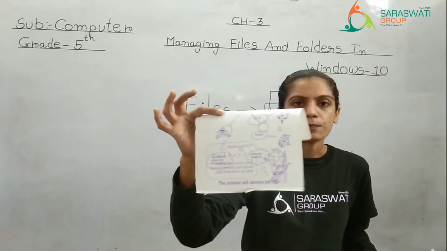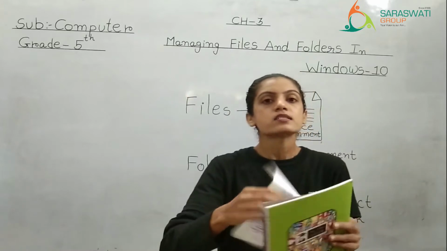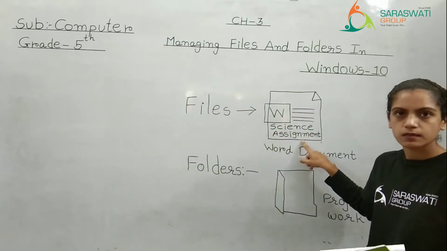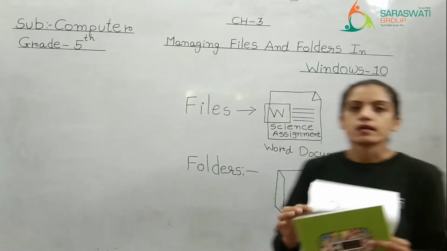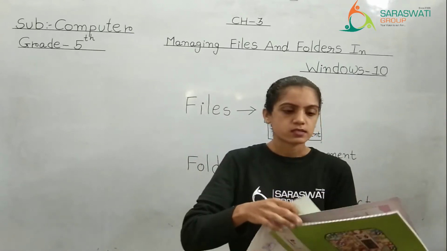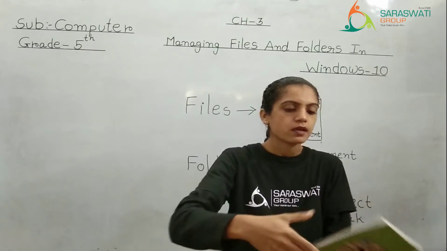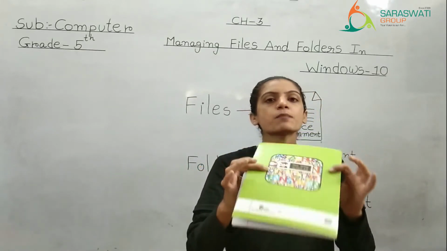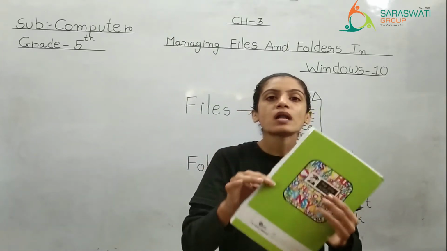This single paper. A single document will be considered as a file. But so many documents are kept at one place. All the documents which are related to each other are kept at one place.